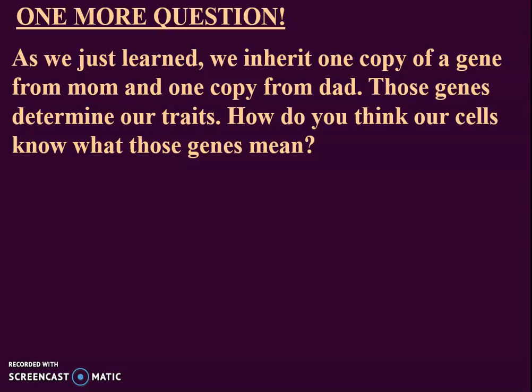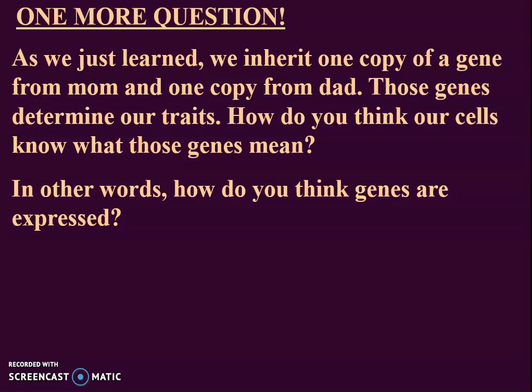So after you answer those questions in Google Classroom, what I do want to start with is this question right here. Before we left, we were talking about genetics, right? We were talking about Punnett squares and taking a mom and crossing them with a dad and seeing how the babies would turn out. When we're talking about this in real life, how do you think that our cells know what those letters mean?